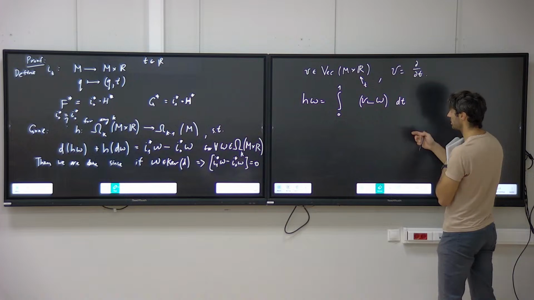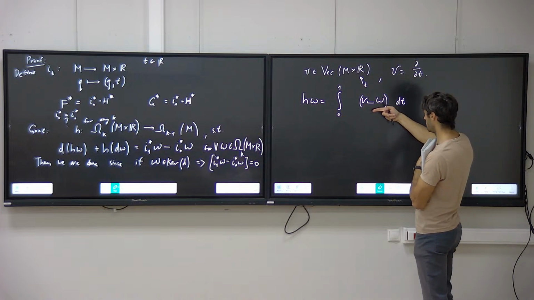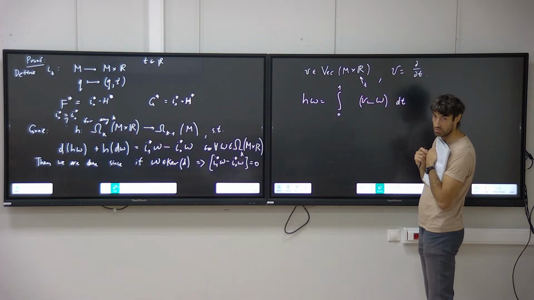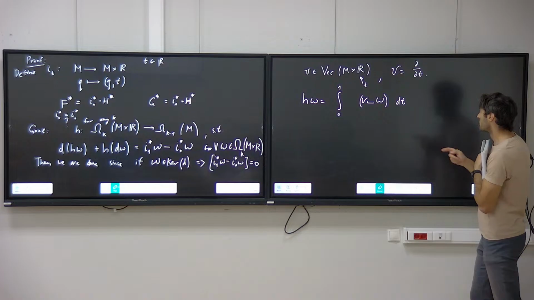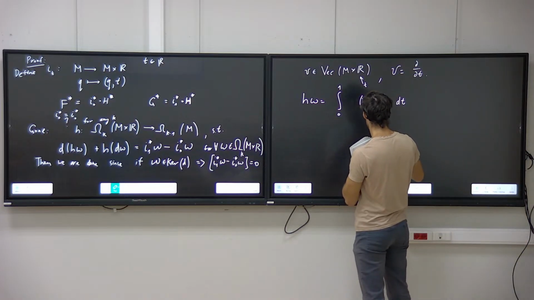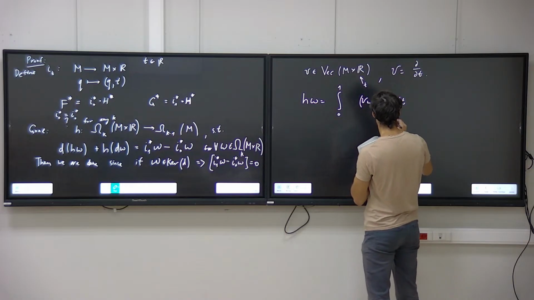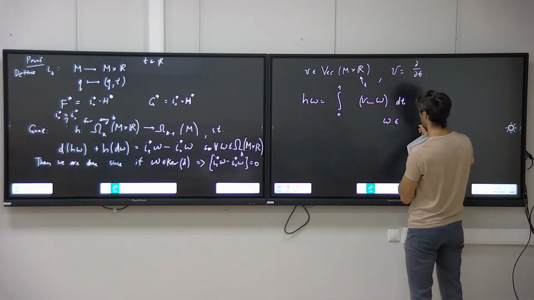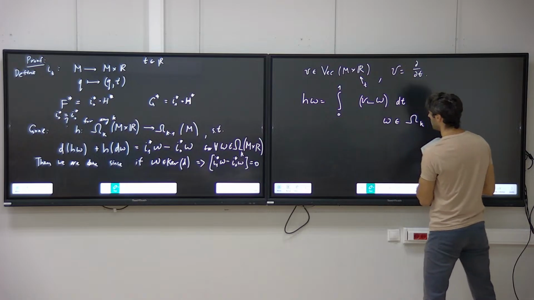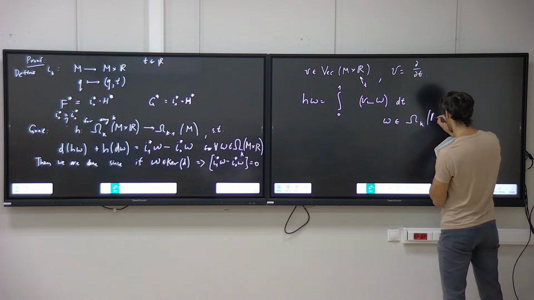Because then this becomes a function of t, and I can integrate. So what does it mean? I am taking omega from here, from omega k of M cross R.